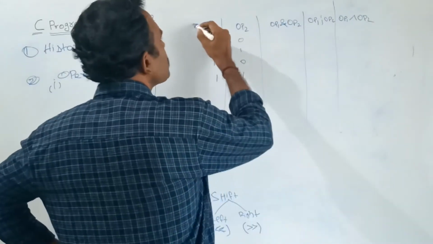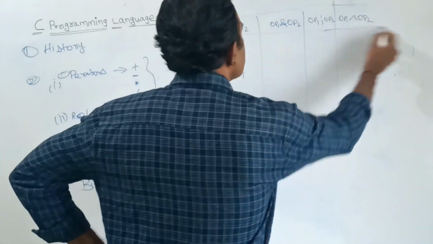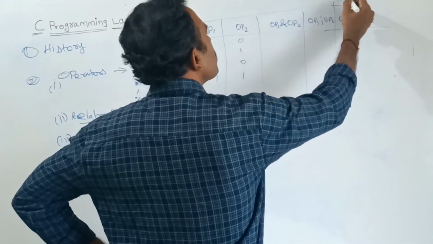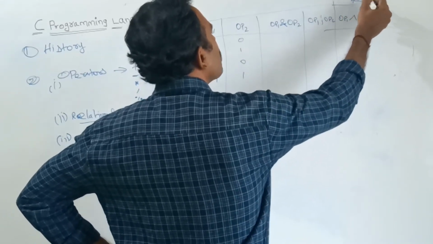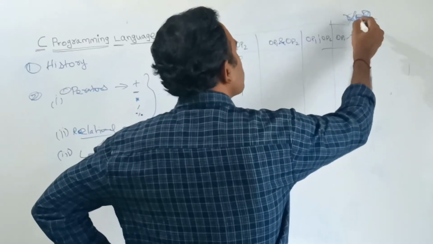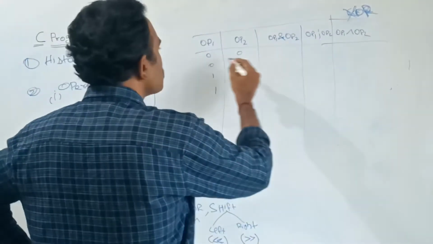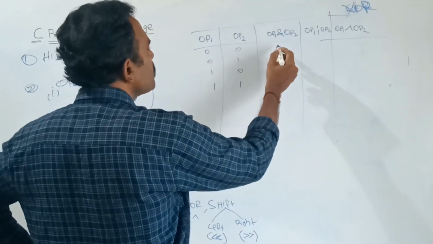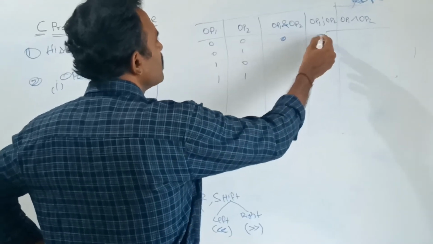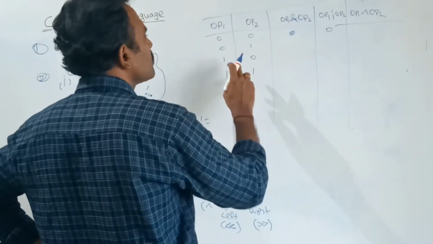This truth table is just like the logical one. Suppose both bit values are 0, the result will be 0. In the OR operator also, if both are 0, the result will be 0.